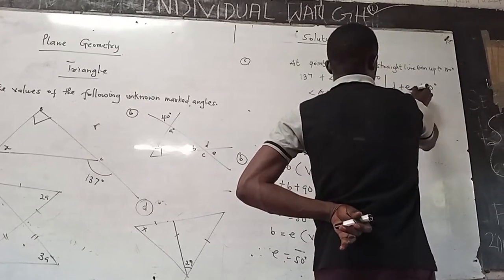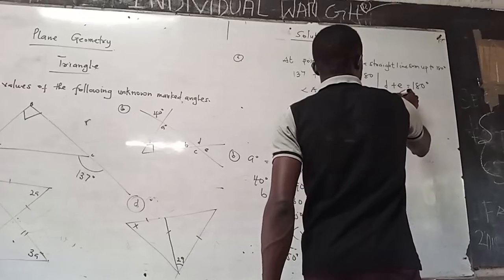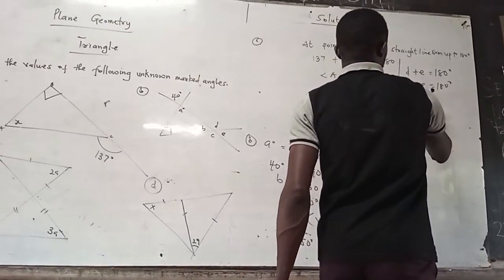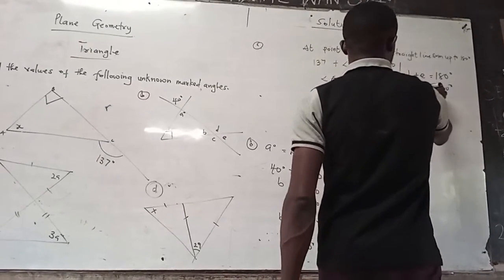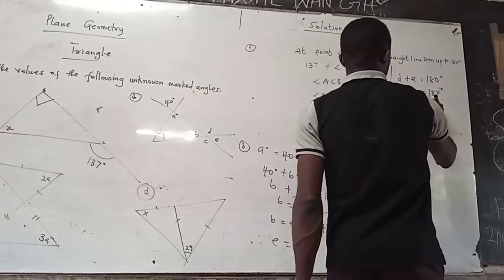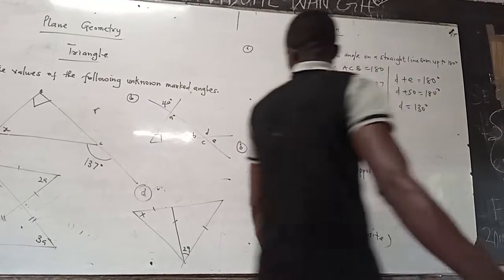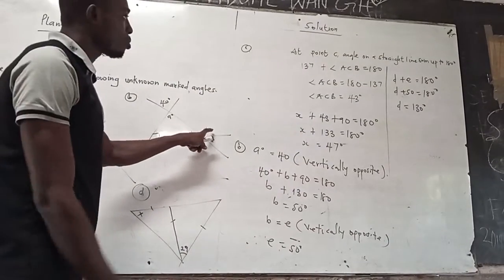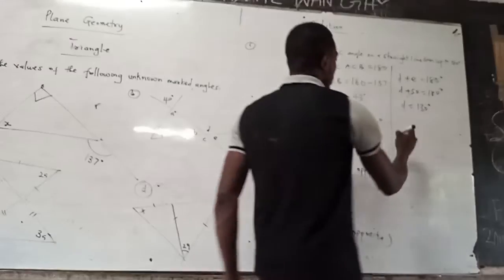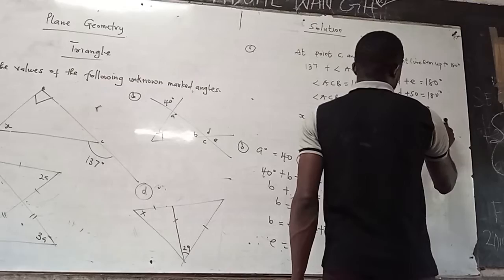If E is 50, D plus E is 180 degrees, so D will be equal to 130. If D is 130, D is also vertically opposite to C. So C will be equal to 130.